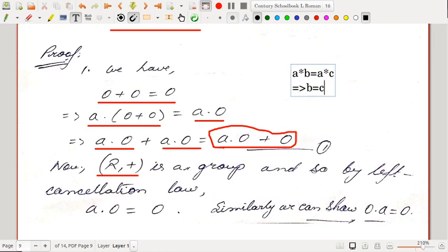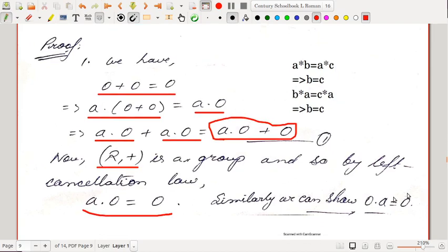This is the left cancellation law. In any group the right cancellation law also holds. If you have b star a equal to c star a, then this implies that b equals c. So these are the properties of groups. Here we have used the left cancellation law to show that a into 0 is nothing but 0.